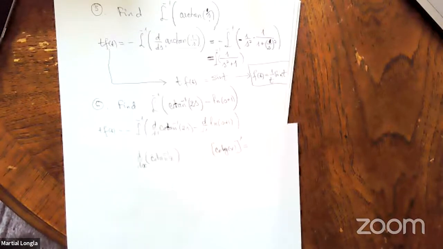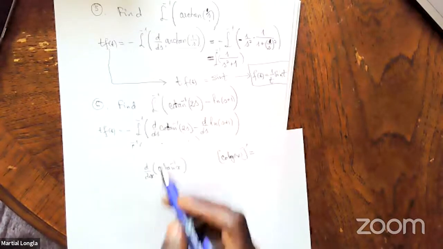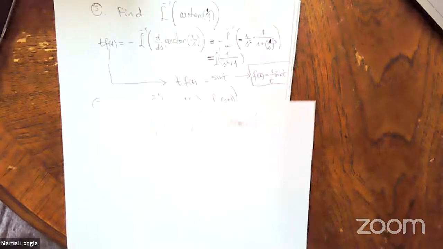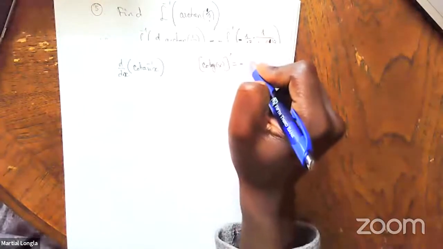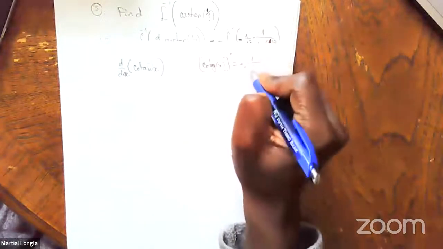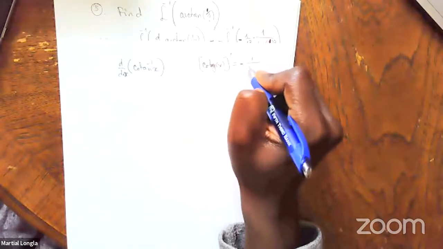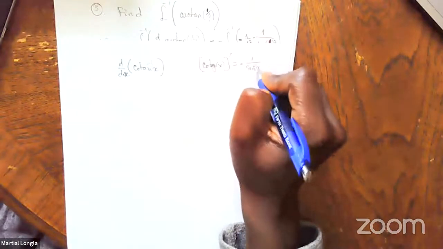I want to walk backwards to show you where this comes from. So I want you to help me here. What's the derivative of cotangent? Isn't it negative cosecant squared of x? Negative 1 over sine squared x, right?